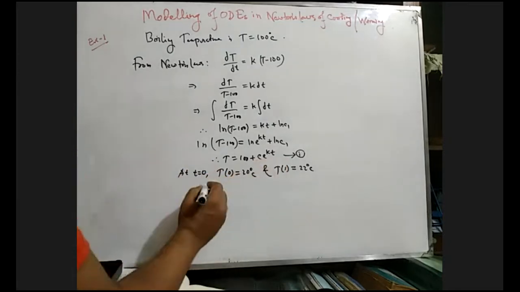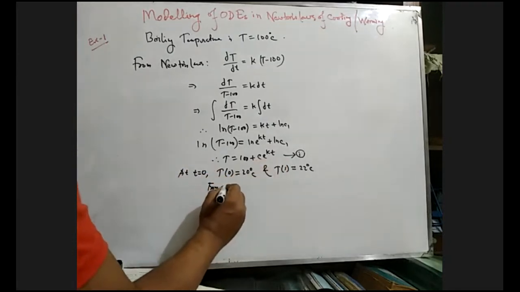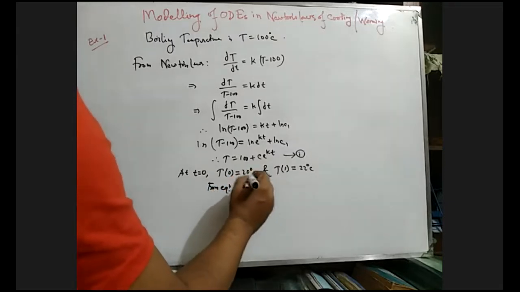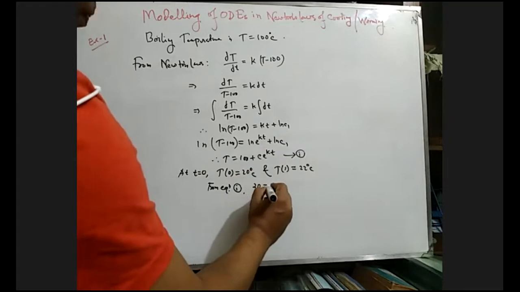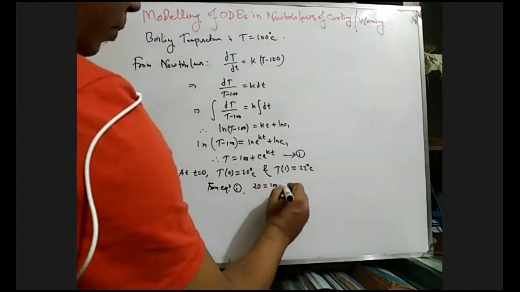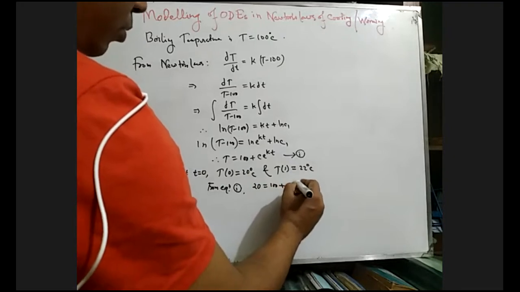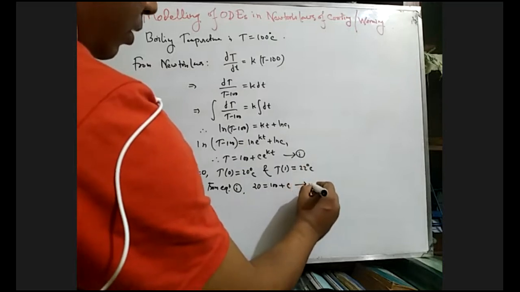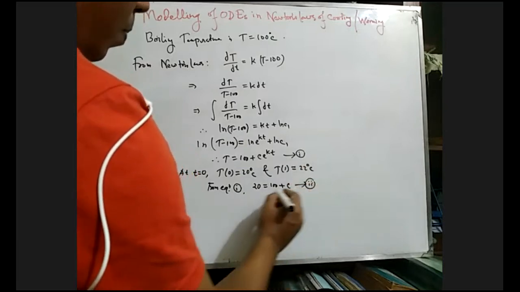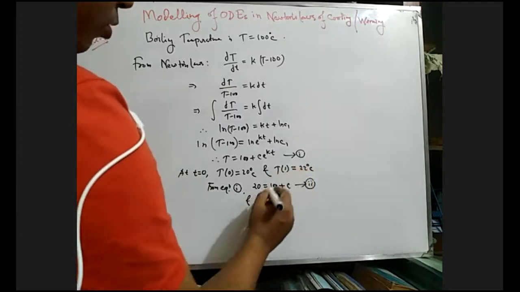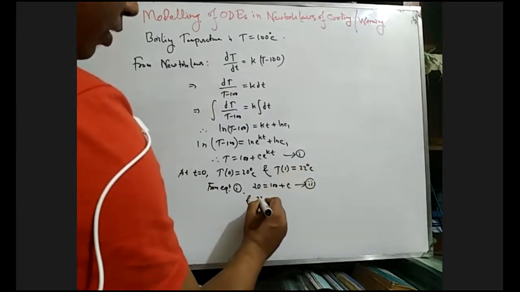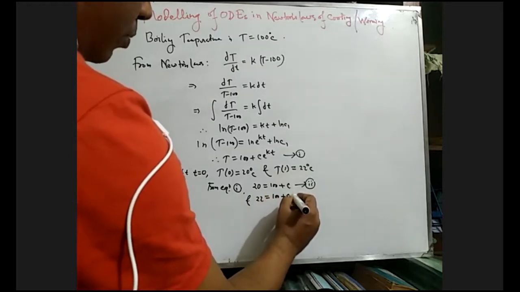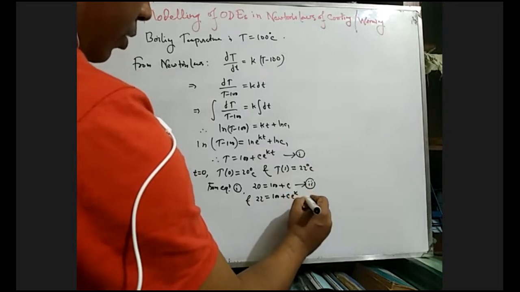So from equation 1, 20 equals 100 plus c into e to the power 0. That is equation number 2. And for t equals 1, 22 equals 100 plus c into e to the power k.